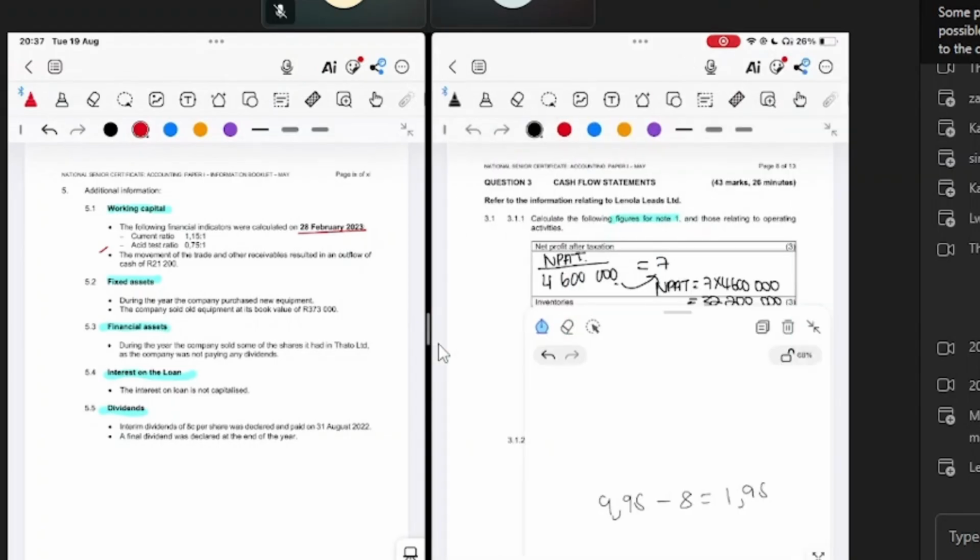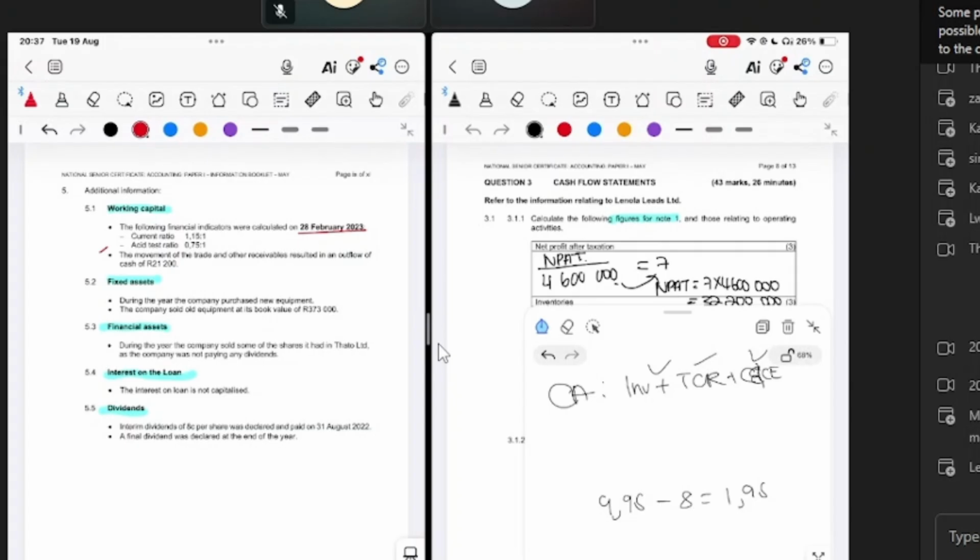Okay, your current assets are made up of your inventories plus your trade and other receivables plus your cash and cash equivalents, right? Those three items.